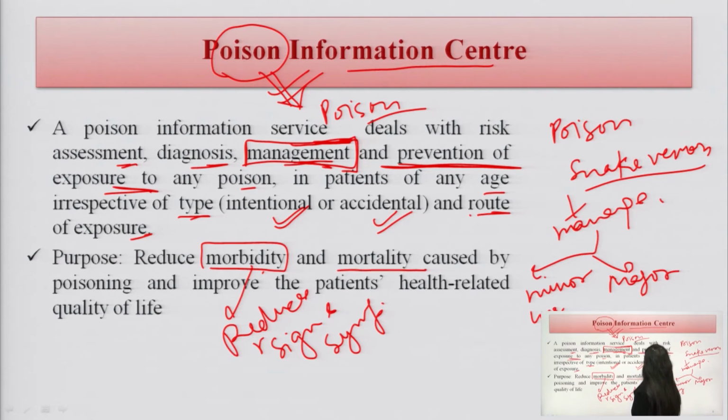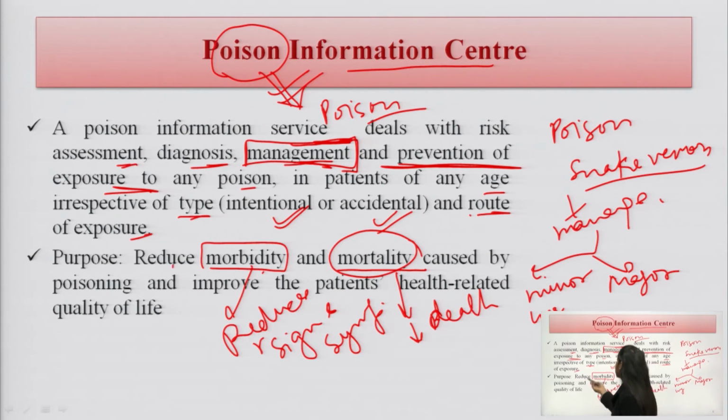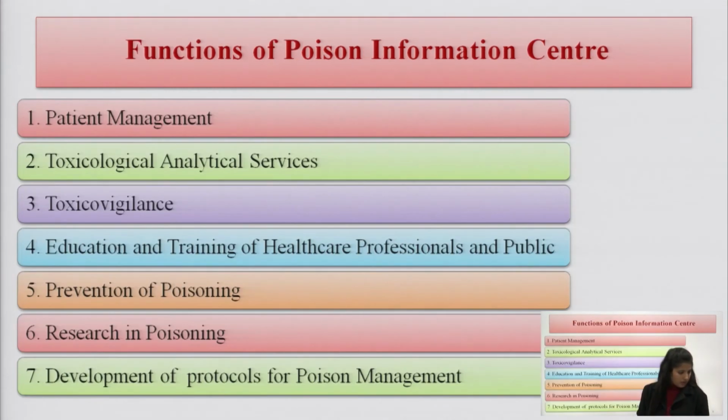Mortality means we want to reduce the death rate. So ultimately, we have set up a Poison Information Center to reduce the morbidity and mortality caused by poison and improve the patient's health-related quality of life.